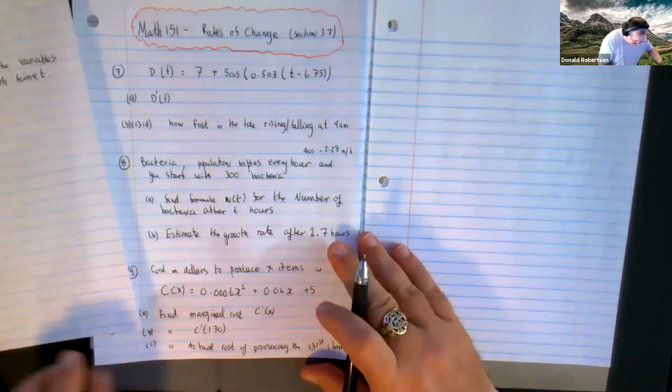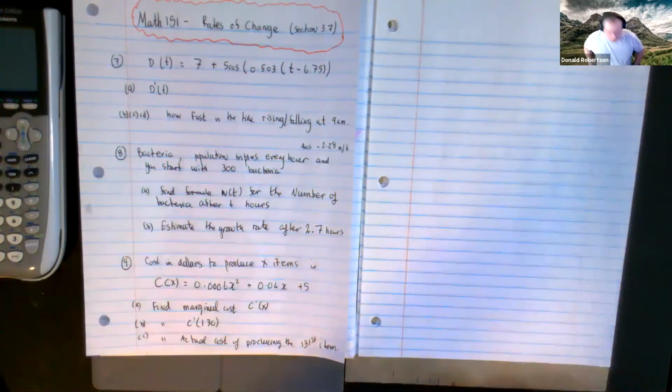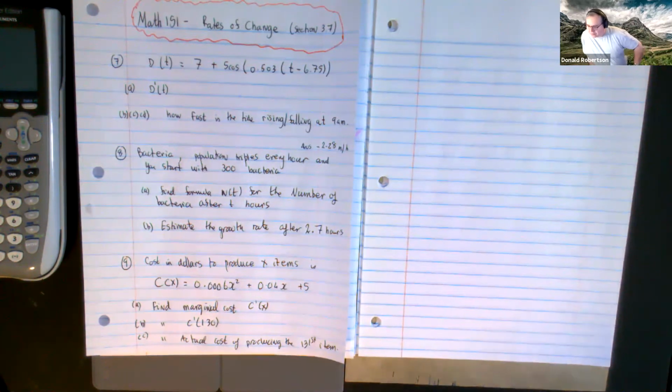So that is unconnected with what we're doing, but it's something that cropped up with my other class. So I figured out that I probably didn't emphasize derivatives of different bases for logs and exponents. So hopefully that helps.